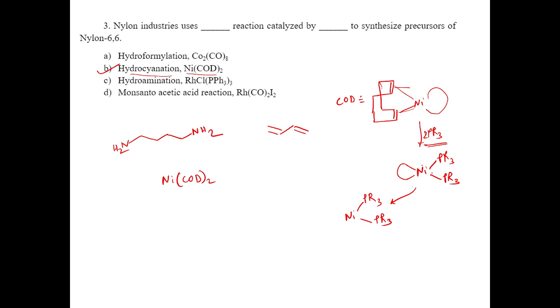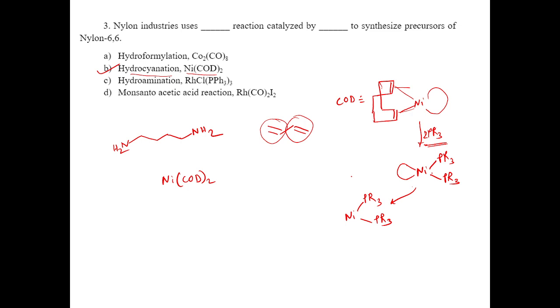Then these two bonds can undergo the hydrocyanation reaction, and because this is a long alkyl chain, the most favored product will be the linear product, not the branched product.